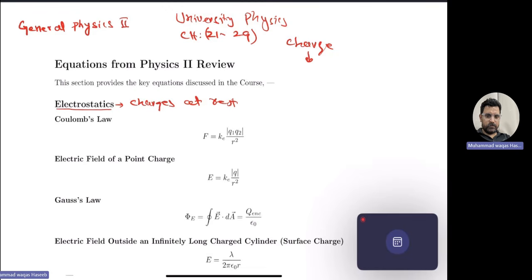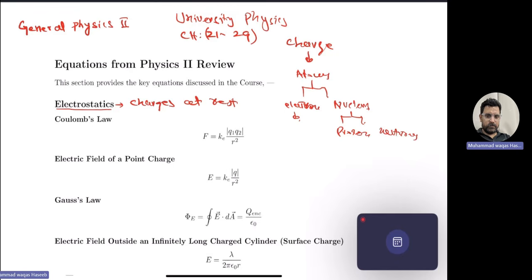And you know that everything is made up of atoms and molecules. An atom is composed of electrons and the nucleus, and the nucleus is composed of protons and neutrons.